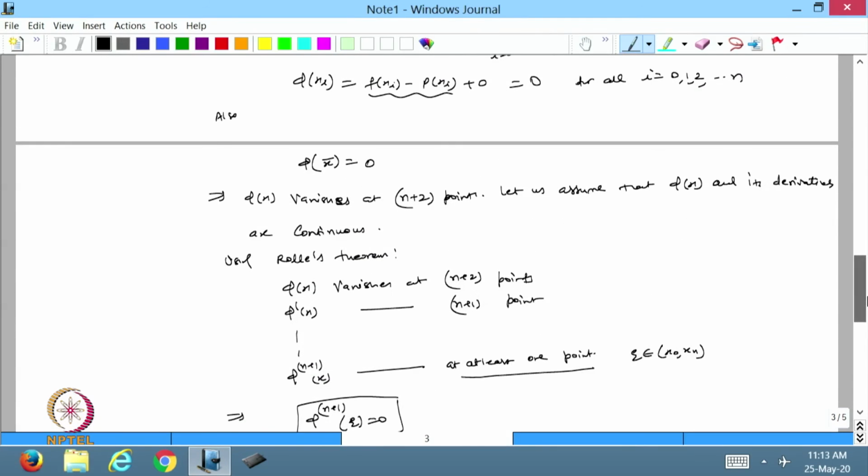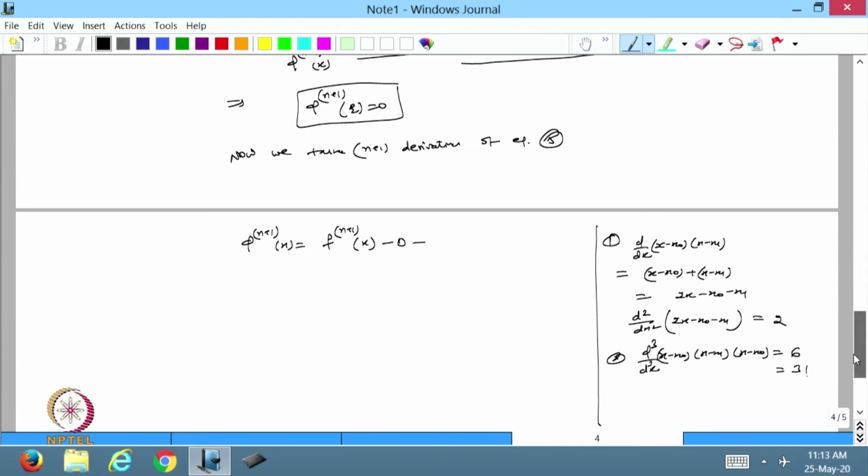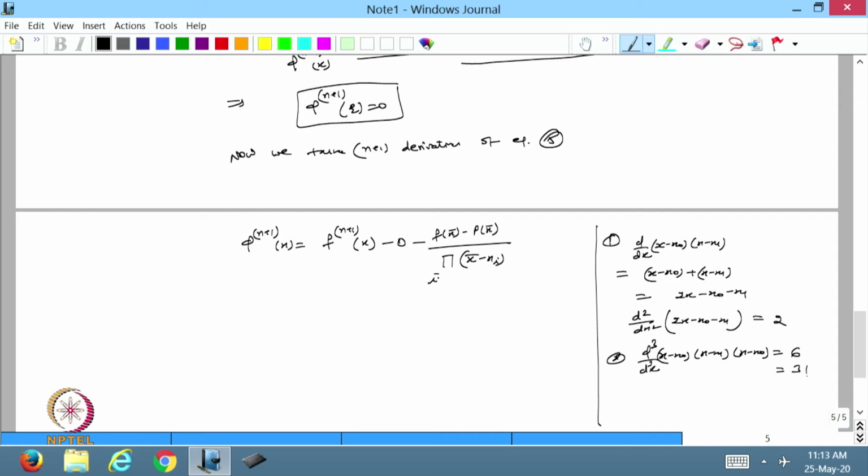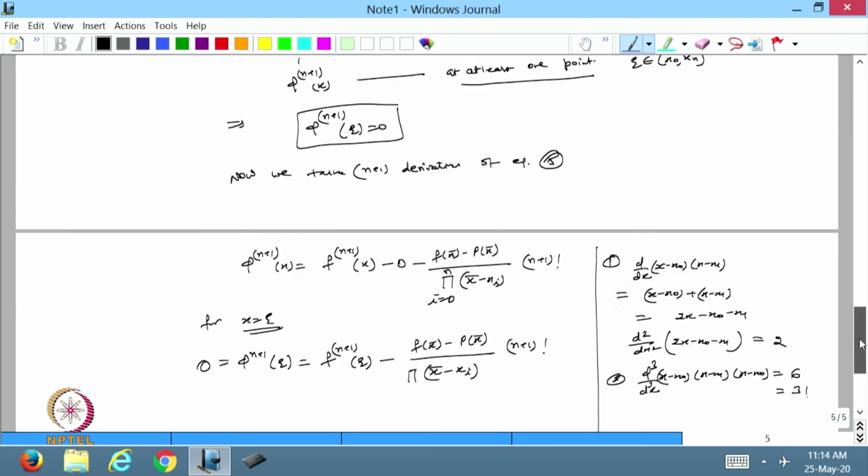So I am taking the (n+1)th derivative of these factors.